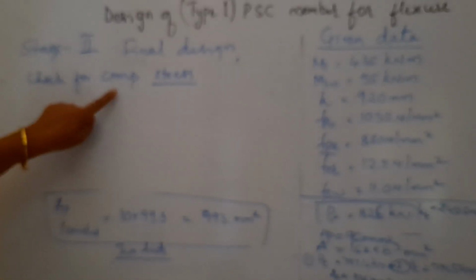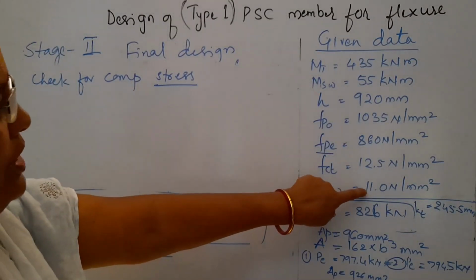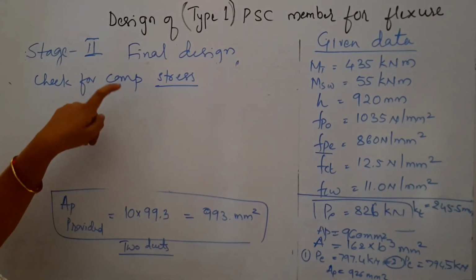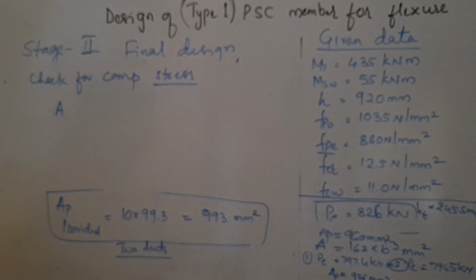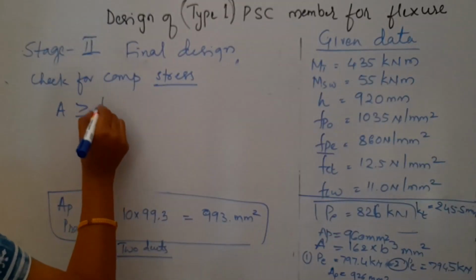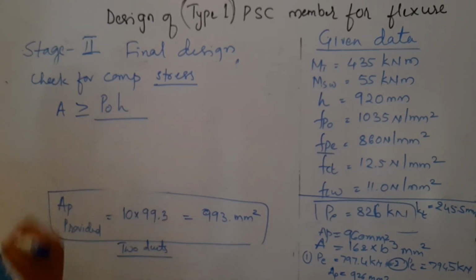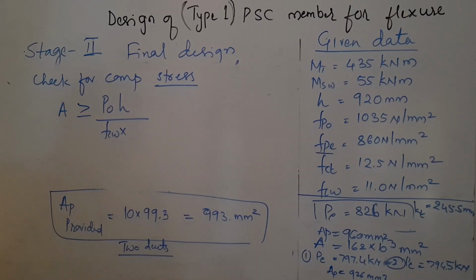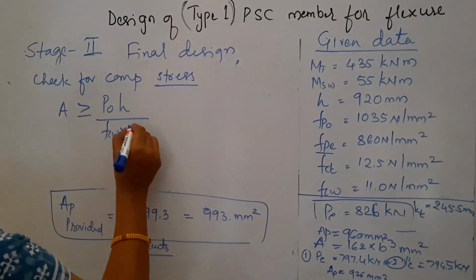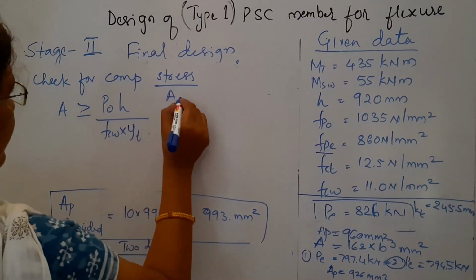The last one, check for compressive stress. Because we are using the permissible values, using this only we have calculated the area. Therefore the stress in this section should always be less than 11 in working conditions, and at transfer it should be less than 12.5. Therefore, for the check, area should be greater than or equal to P0 into H divided by FCW into YT. This is at transfer.